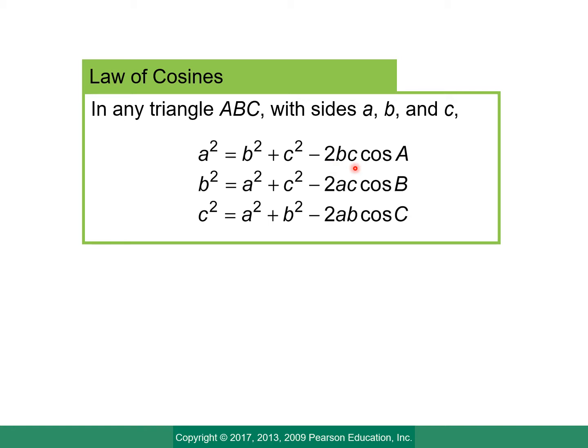And since it's the law of cosines, times cosine of the angle between those two sides. So angle A is between sides B and C. All three of these follow the same pattern: a side squared equals the other two sides squared and added, minus twice the product of those sides, times cosine of the angle between them.